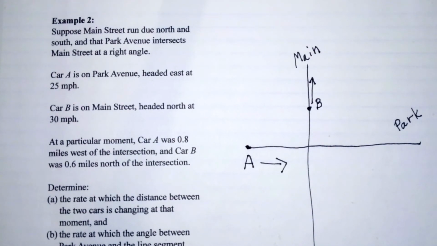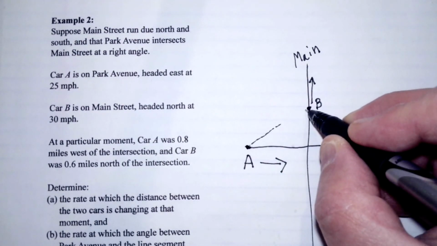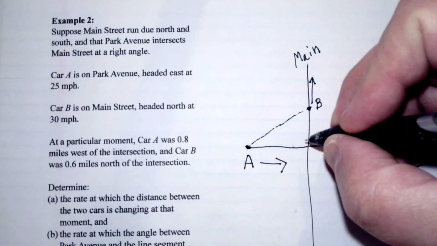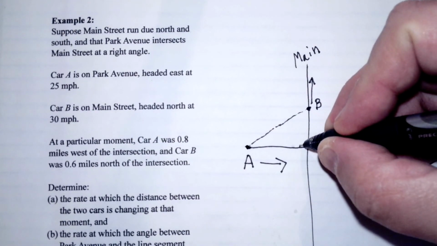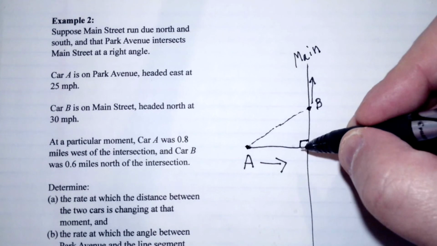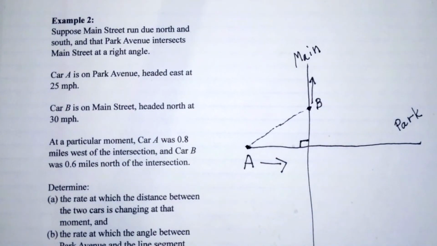We are asked to determine the rate at which the distance between the two cars is changing at that moment. Now, by the distance, we mean the straight line distance. So we're talking about that distance. Now, we're told that this angle is a right angle, so we have a right triangle. So we probably want to use the Pythagorean theorem, which relates these sides of this right triangle.